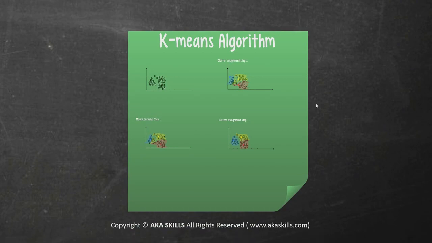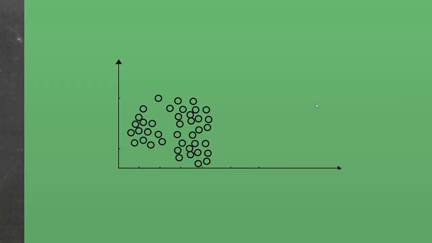So let's start with the K-means algorithm. This is our given data, and we want to predict clusters or groups for this data. I'm gonna explain the algorithm itself. This is really important.